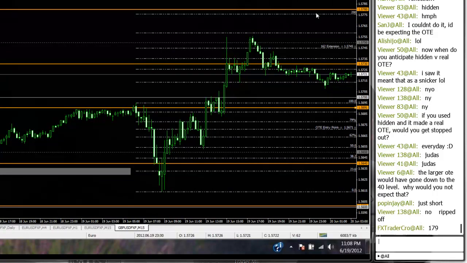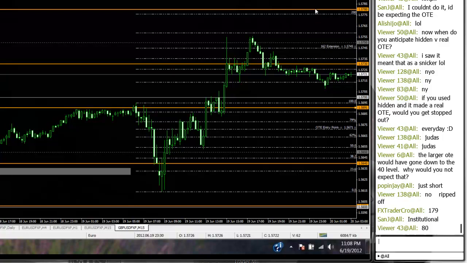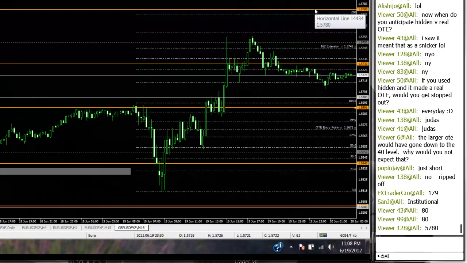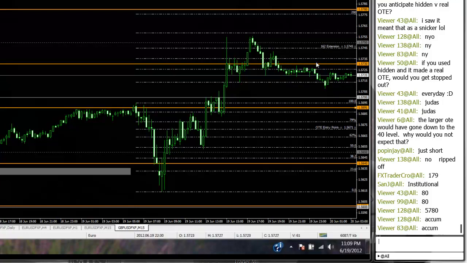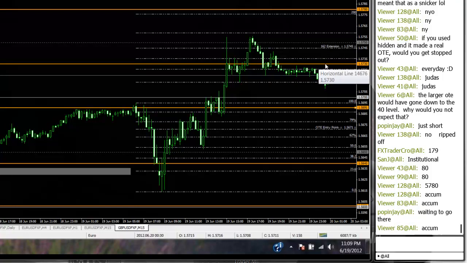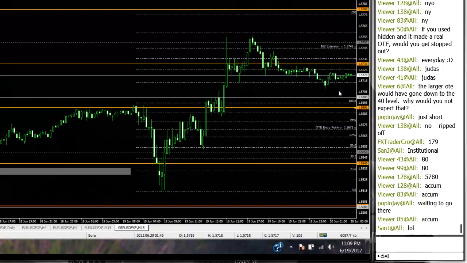What's the 200 level sitting there? $157.80. What's price doing right now?